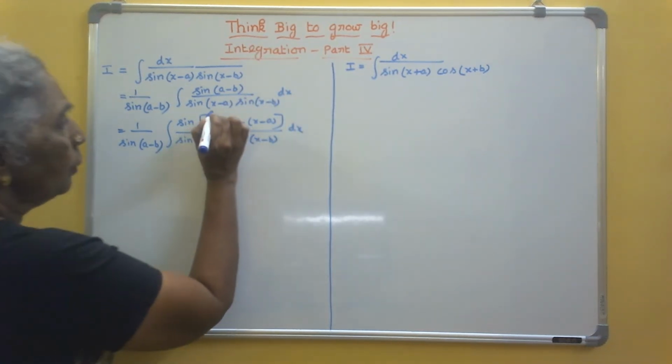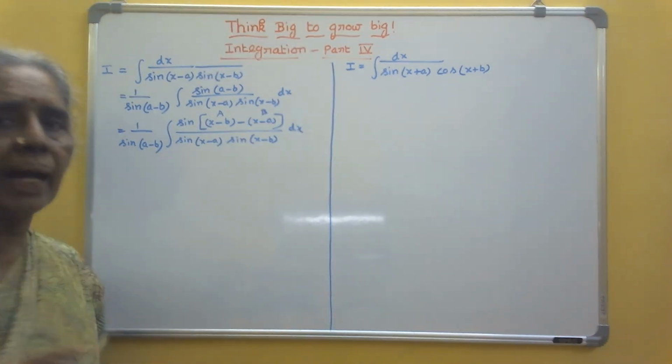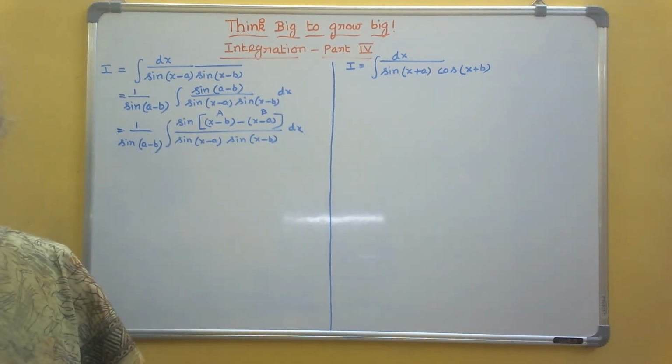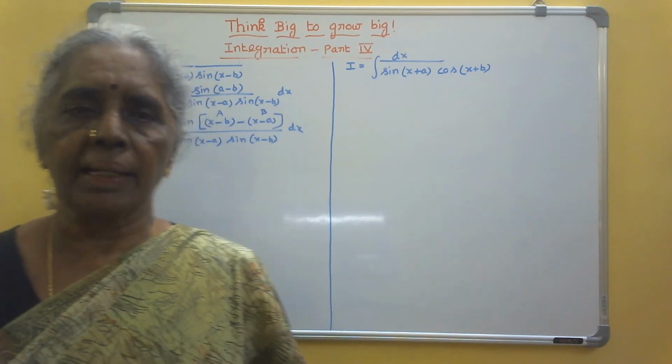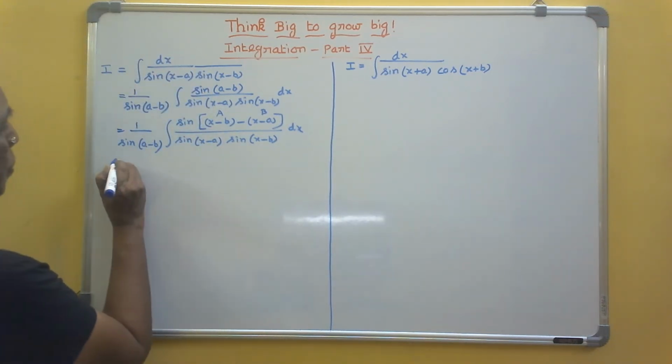Now you take this x minus b as capital A, this x minus a as capital B. So the numerator is sine of a minus b. You know what the formula is? Sine a cos b minus cos a sine b. So let us use that formula.